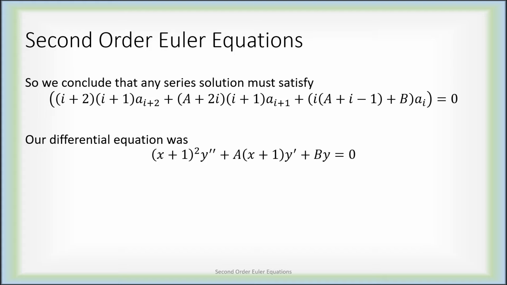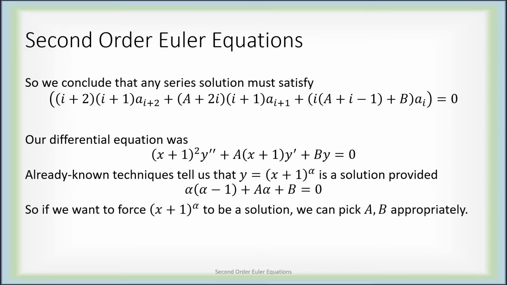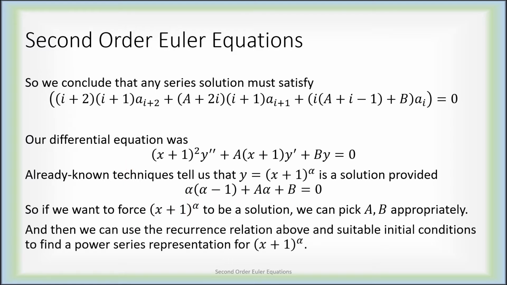So the differential equation was this recentered second-order Euler equation. Already known techniques tell us that (x plus 1) to the alpha is a solution, provided that alpha solves this quadratic right here. So if we want to force (x plus 1) to the alpha to be a solution for a specific choice of alpha, we can just pick capital A and capital B appropriately so that our desired choice of alpha will indeed solve this.